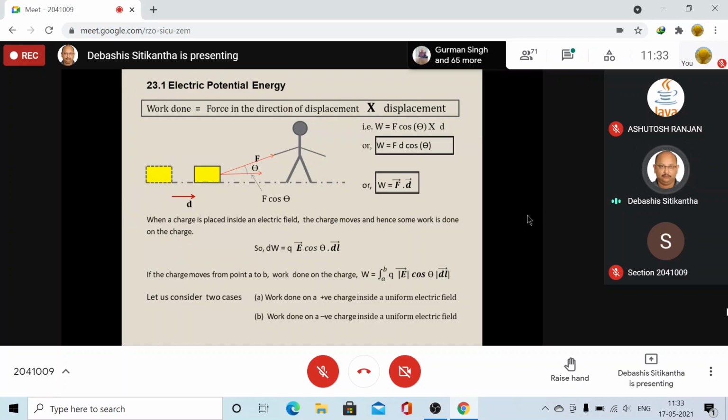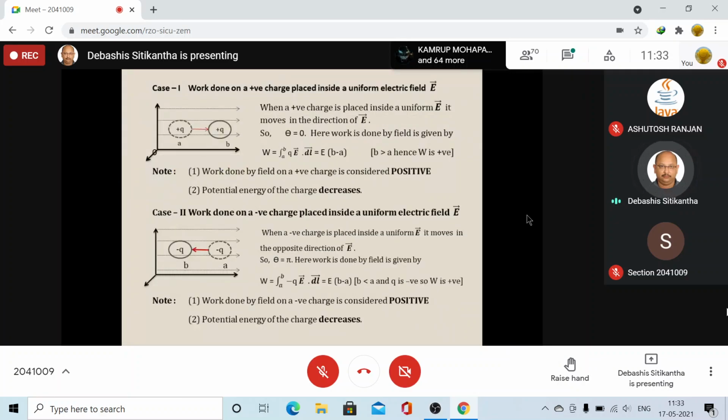Similarly, if I place a negative charge, it is going to move in a direction opposite to that of the electric field automatically. So in both the cases, the work is done by the electric field and it is considered positive. Now, when there is a positive work done, then there is a decrease in the potential energy. So this is all about this slide and this slide.